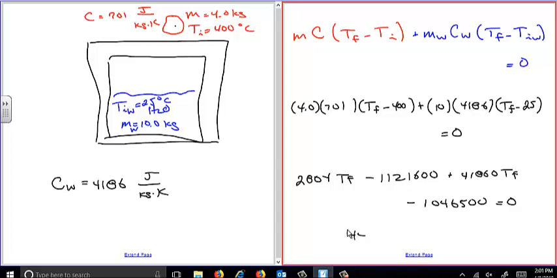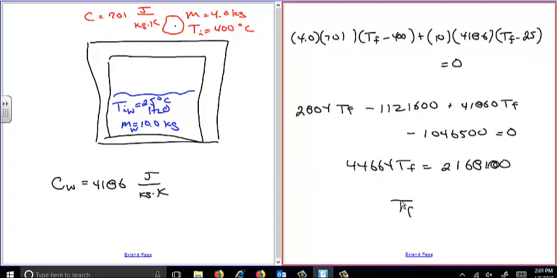So that's 44,664 T sub F. If you add these two together and put them on the other side, 1,121,600 plus 1,046,500, you get 2,168,100, and then divide both sides by 44,664.